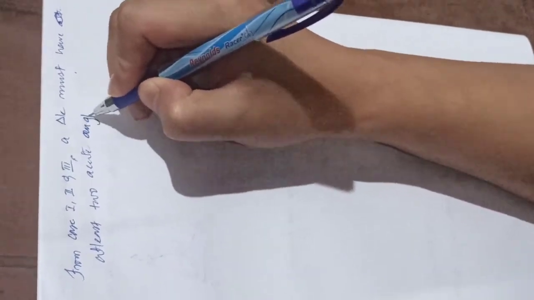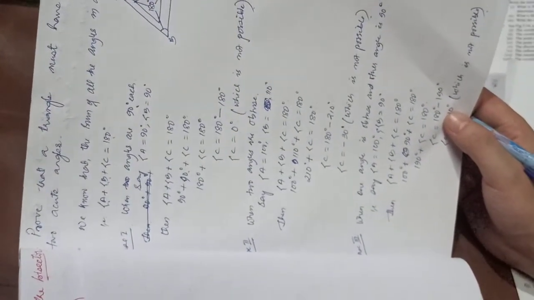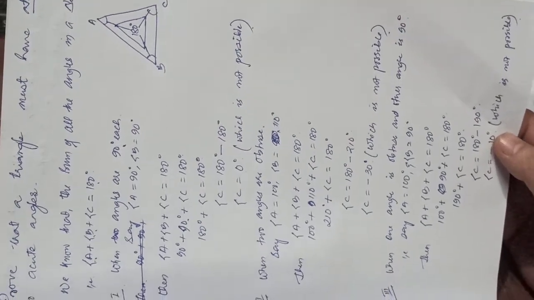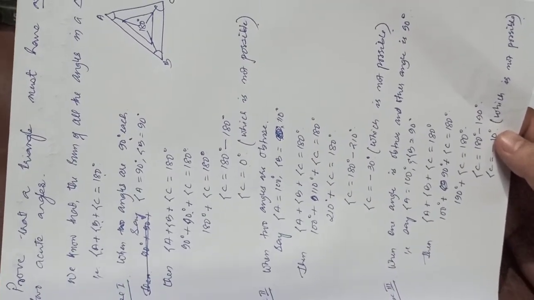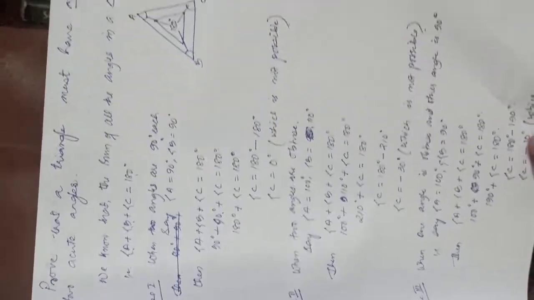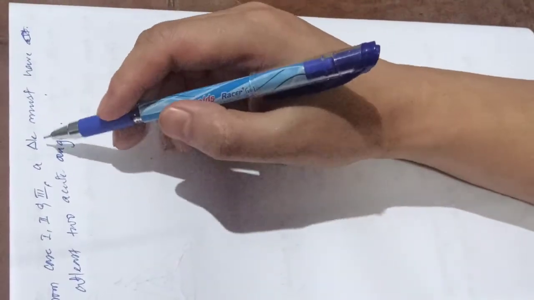Because from case 1, 2 and 3, what we saw is that when two angles are 90 degrees each, that is right angles, it is not forming a triangle, correct? And when two angles are obtuse, again we see that it is not forming a triangle. And then in case 3, when one angle is obtuse and the other angle is a right angle, that is also not forming a triangle, right? So from all these three cases, we can conclude that a triangle must have at least two acute angles.